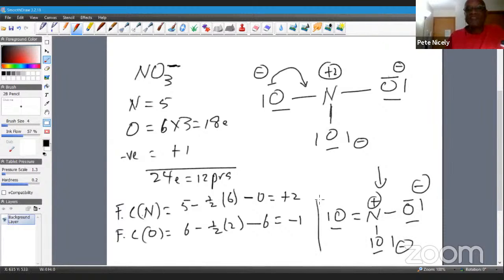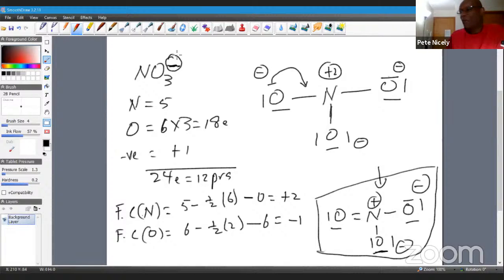So this here, folks, will be the final answer for the Lewis structure of the nitrate ion. And I want you to notice that the total net charge for this would be -1, right? You have a plus charge and you have two negative charges. So the net charge is -1, which corresponds to the -1 that you have here in the original formula.